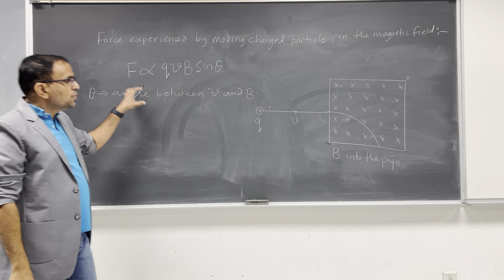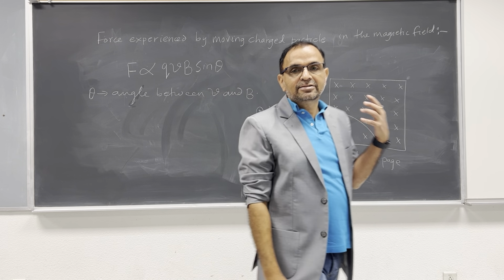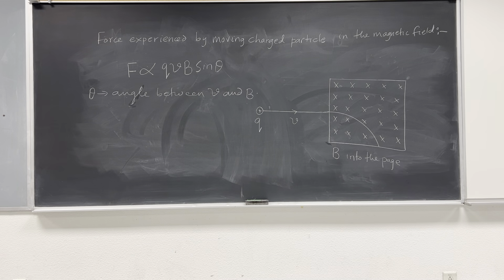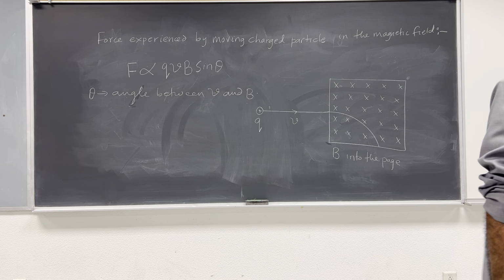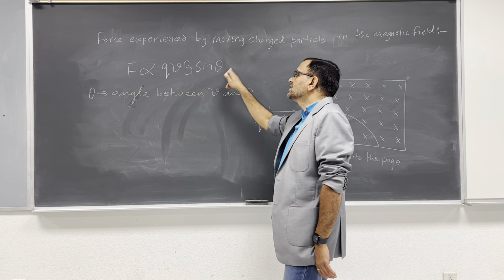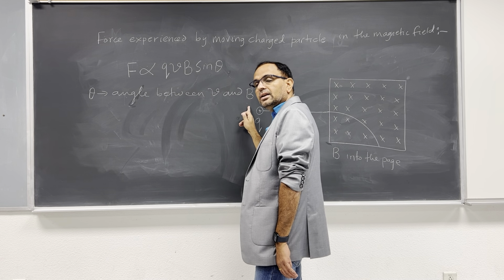So the force exerted by the magnetic field on the charged particle is directly proportional to the magnitude of the charge, to the speed of the charged particle, to the strength of the magnetic field, and to the sine of angle theta, where theta is the angle between the speed and the magnetic field.